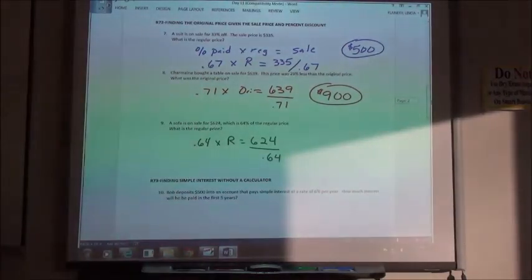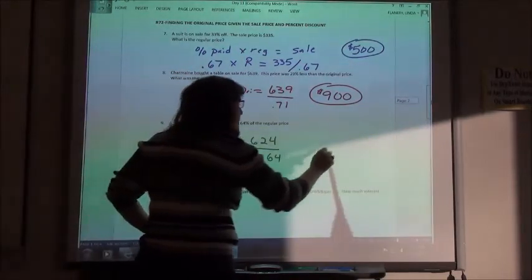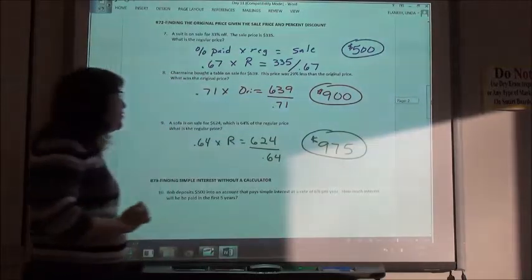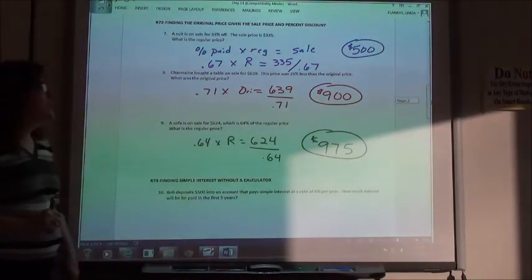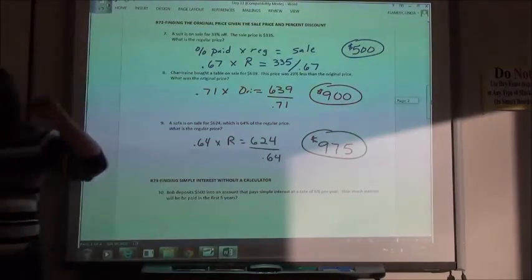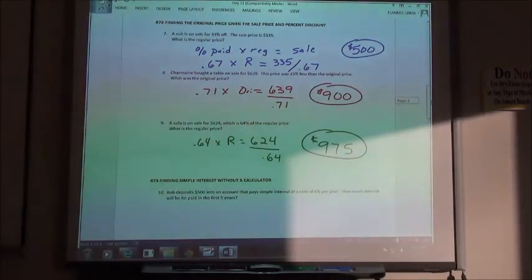So $624 divided by 64% was $975. So $975 is my regular price. So if I have the sale price, I'm going to divide by the percent that I paid in order to find my original price.